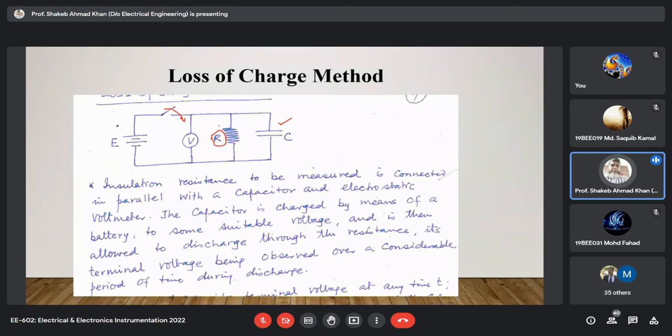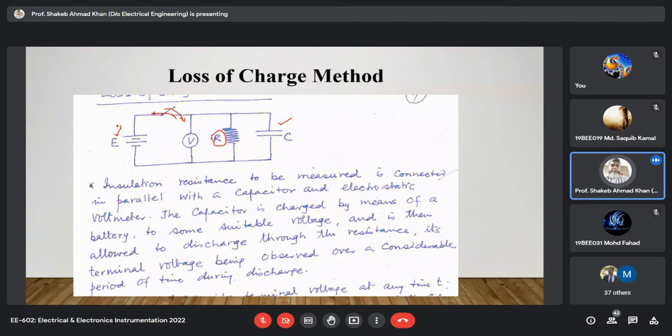When the switch is on, this capacitance will be charged up to a certain potential, depending upon the value of the voltage source. And then after some time, this switch is opened.